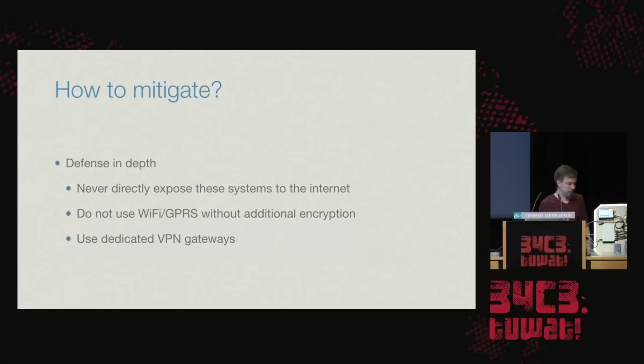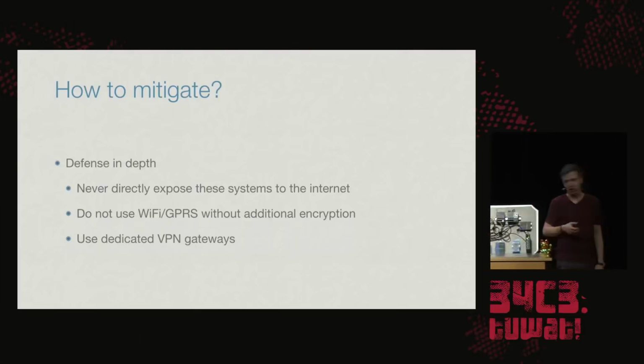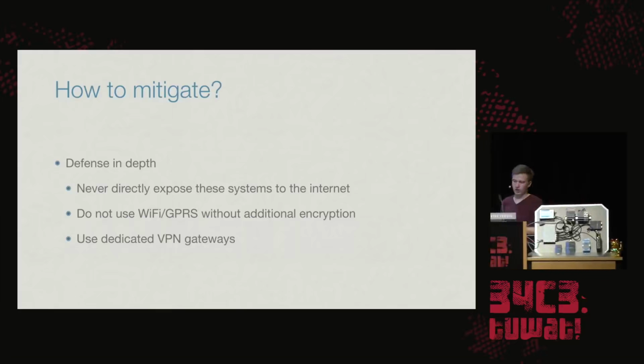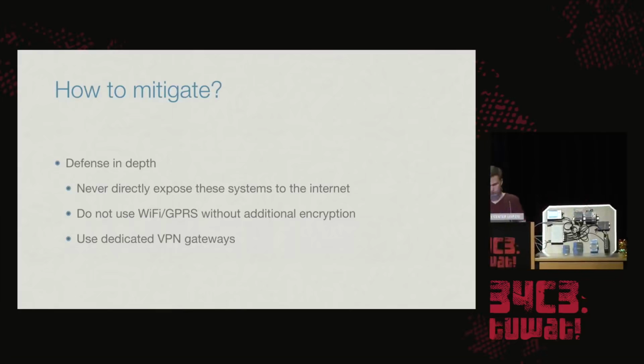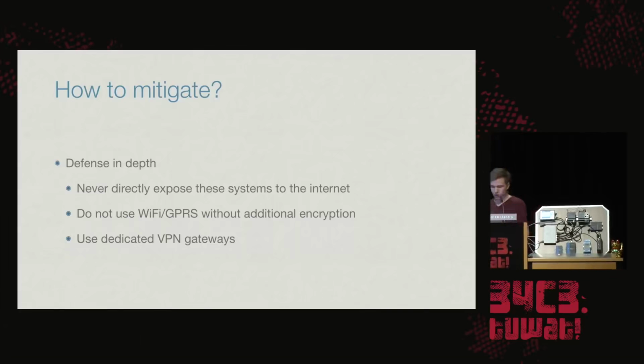WPA2 was broken by the KRACK attack, and they actually released a patch for it after 2 months. But these are still 2 months where you are exposed to a vulnerability on your potentially mission-critical system. Also, never use GPRS for these devices without VPN, because it will go wrong.